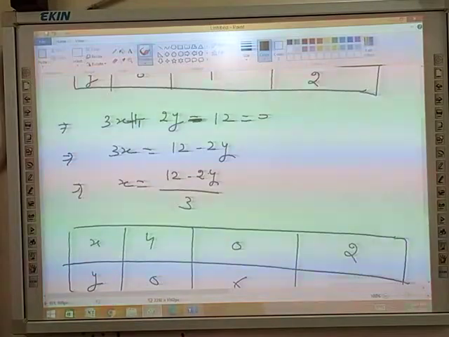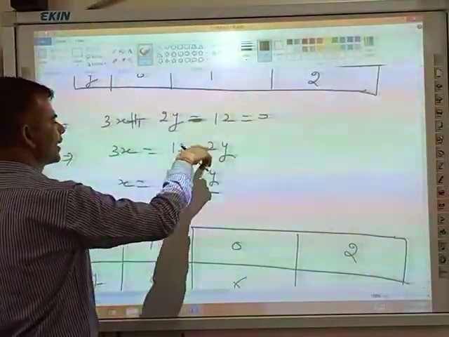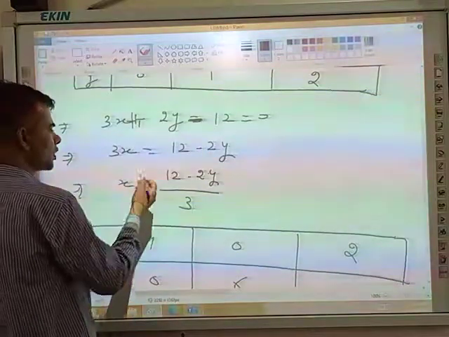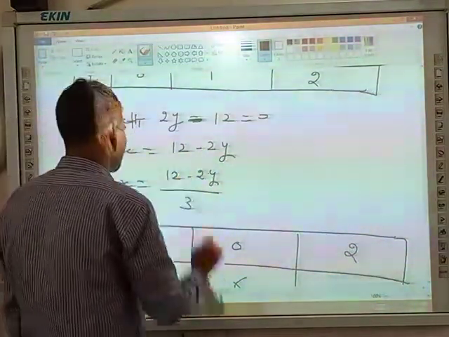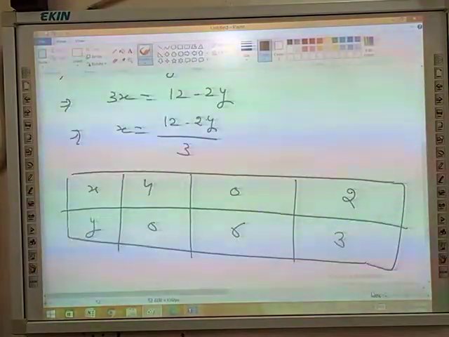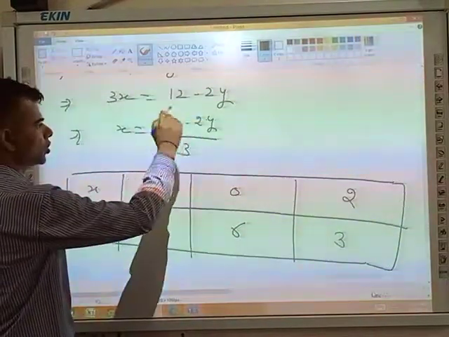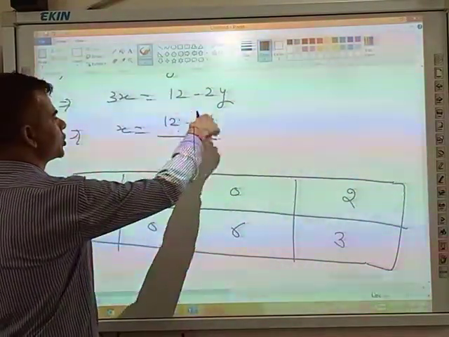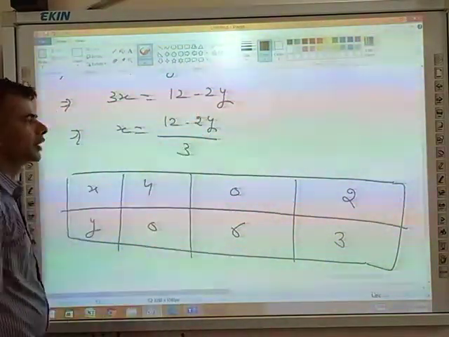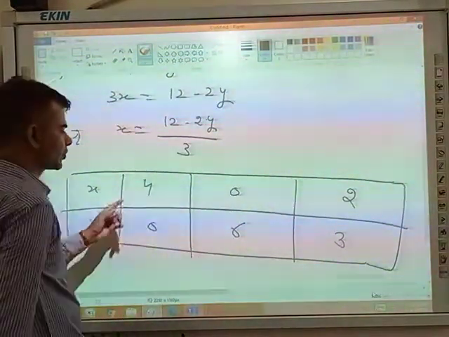Students, now 3x plus 2y minus 12 equal to 0. 3x is equal to 12 minus 2y. x is equal to 12 minus 2y divided by 3. Now we have to draw a table. First we take y as 0. That becomes 12 minus 0, 12 divided by 3, 3 4s are 12, that is 4.